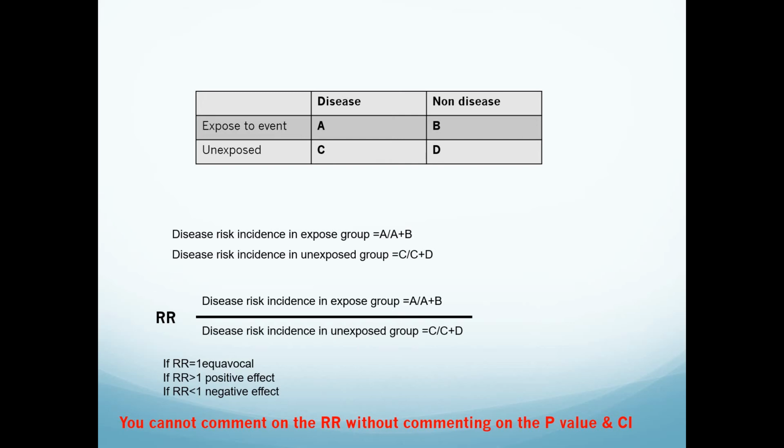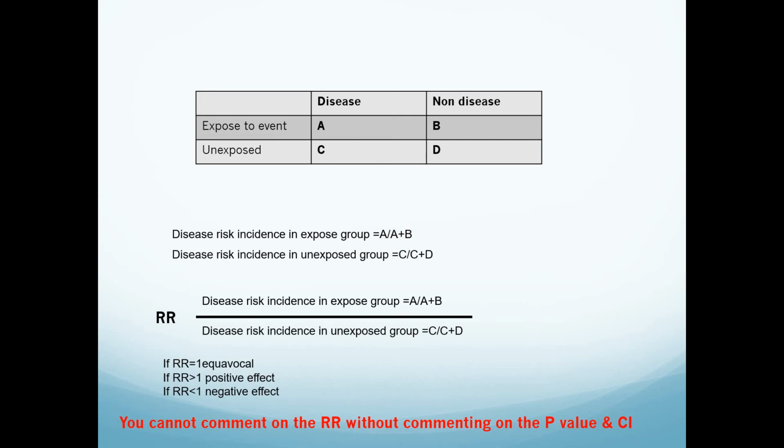In the intervention group, some of them will develop the disease, some will not. And in the unexposed or non-interventional group, some will develop the disease, some will not. So what we are calculating is the disease risk incidence in the exposed group, and this is what we call the absolute risk for the exposed group.